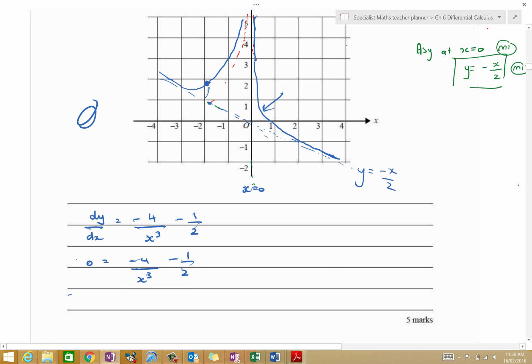So therefore I've got x cubed is equal to negative 8.